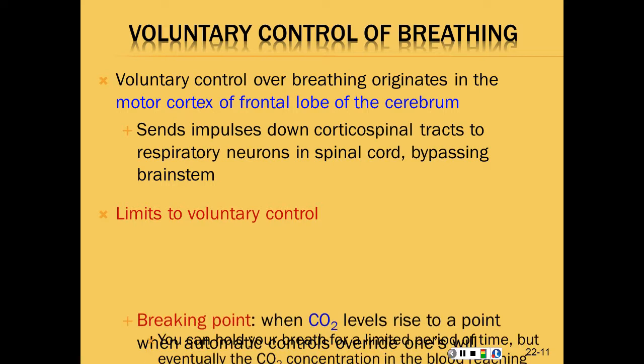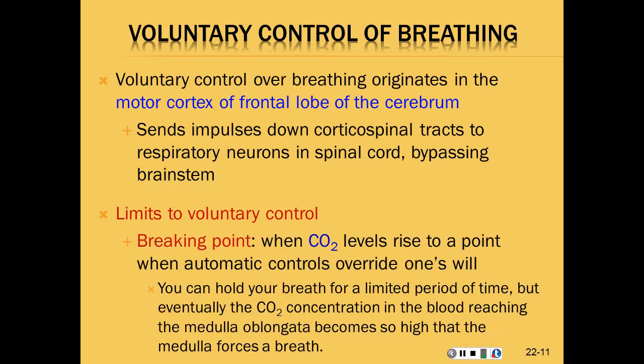Now, output neurons are going to send impulses down the corticospinal tracts to the integrating centers in the spinal cord, bypassing the brainstem centers. The voluntary control has limits. What are those? Holding one's breath, for example. That's going to raise the CO2 level of the blood until a breaking point is reached, and automatic control overrides one's will.